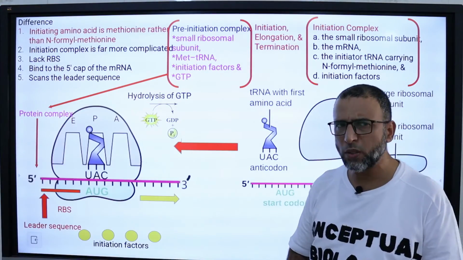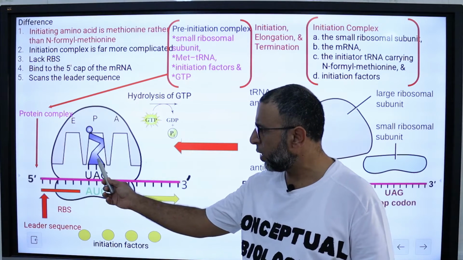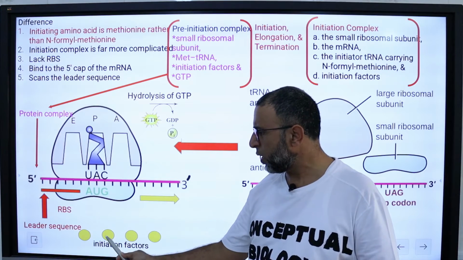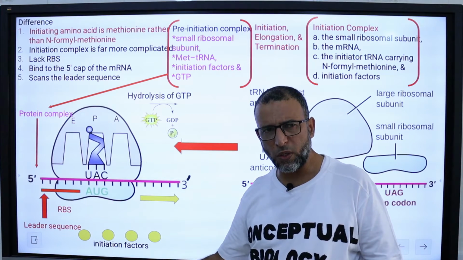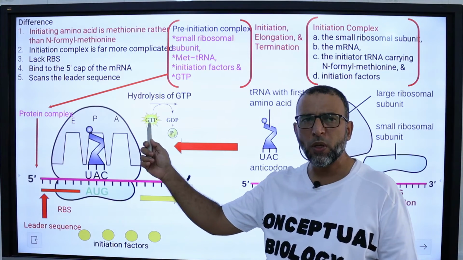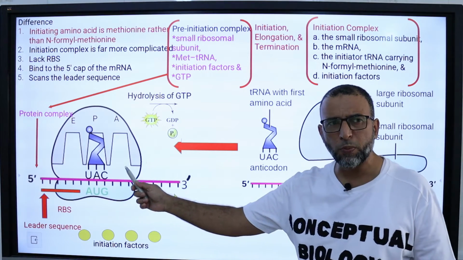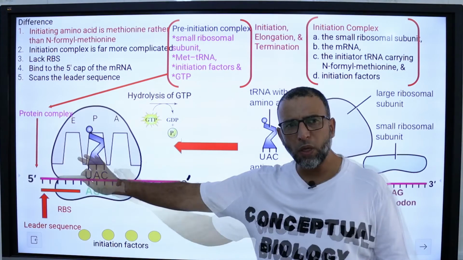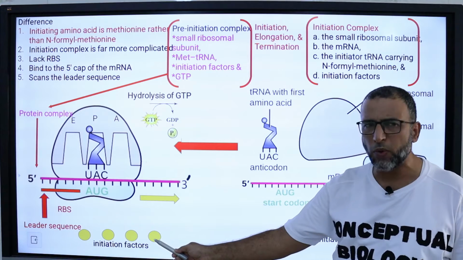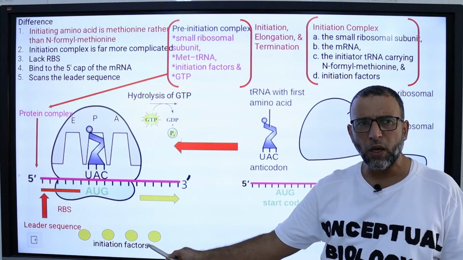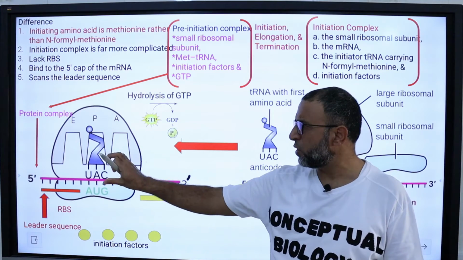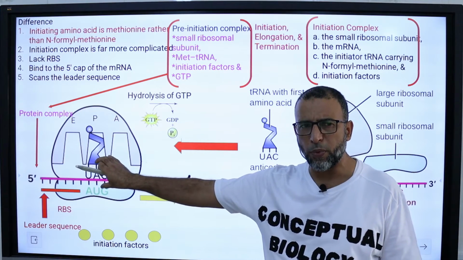Step number 2 is that the initiator tRNA binds to the start codon, that is AUG, and one of the initiation factors is released. GTP is an energy-rich molecule, and GTP is used in protein synthesis. During initiation of translation, GTP is associated with initiation factors, and hydrolysis of GTP provides energy for initiating the ribosomal complex.